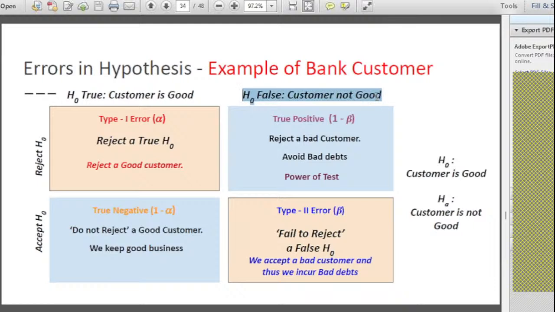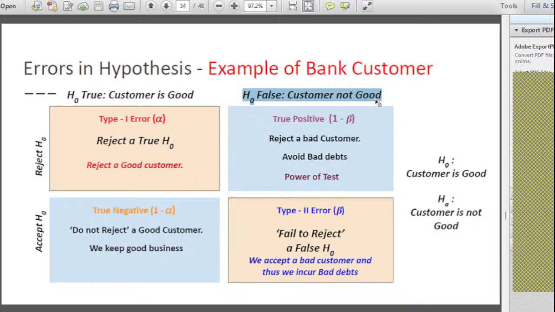Good. You had some malicious intentions. You wanted to default, and the bank accepted. The bank gave you the loan. So from your perspective, it was good, right? But from the bank's perspective, they made a wrong decision. They said you are a good customer, but actually you defaulted the next month.